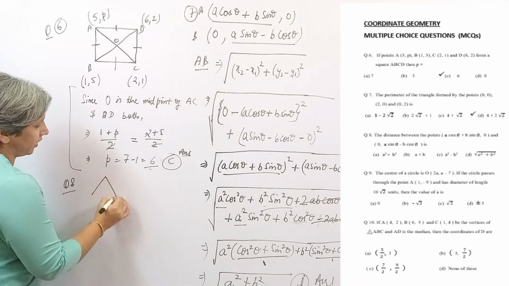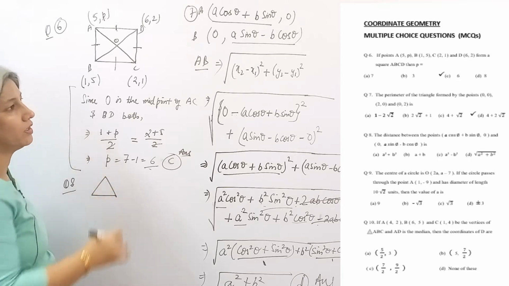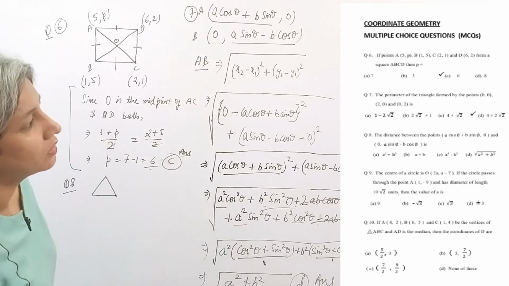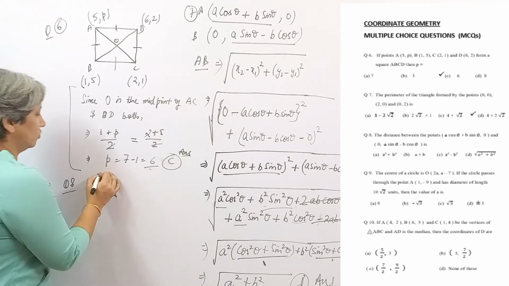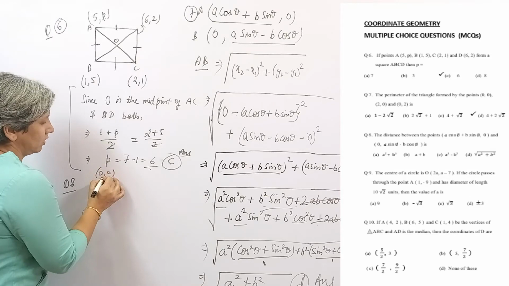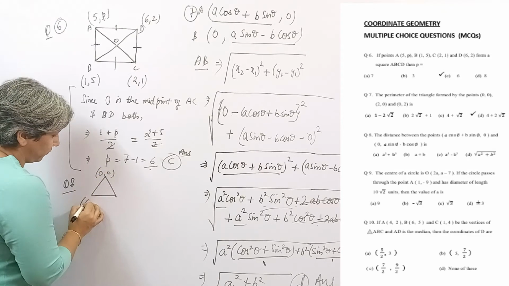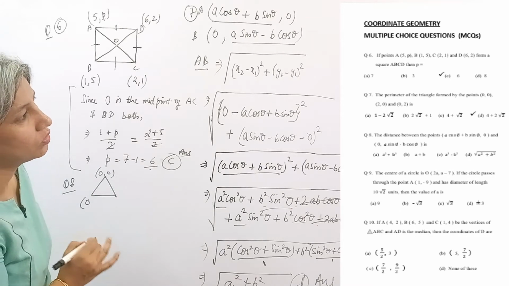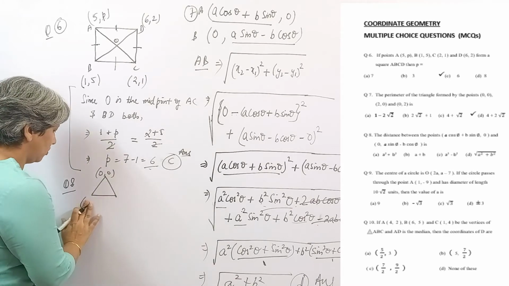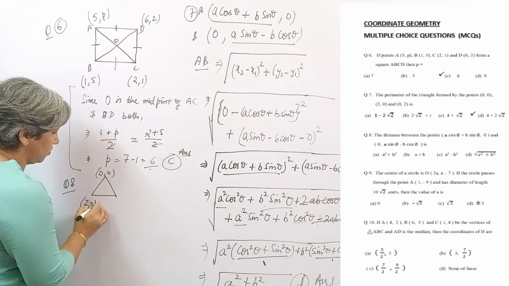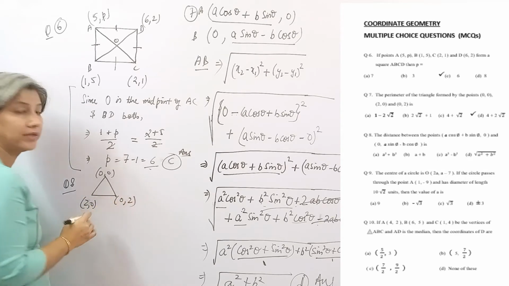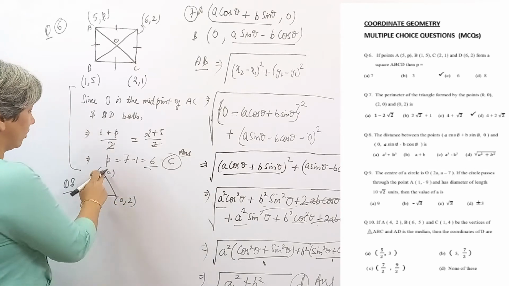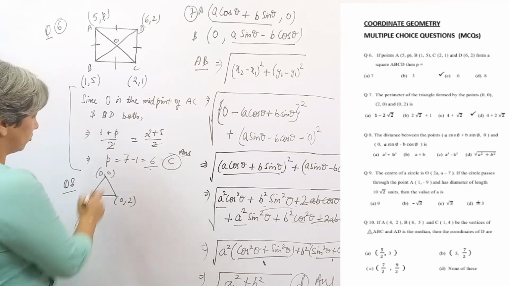We are given a triangle with vertices as 0 0, 2 0, 0 2. Okay, this is the origin 0 0, 2 0 and 0 2. These are the vertices and we have to find the perimeter of this triangle.